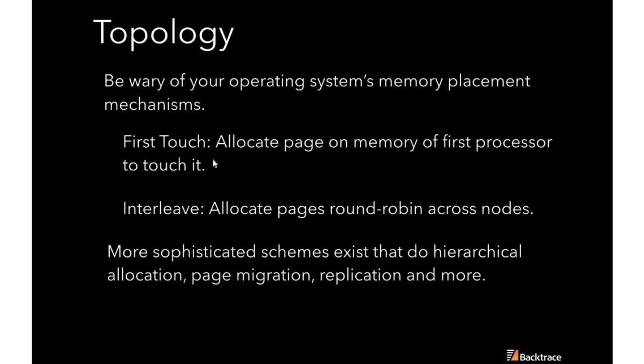There are also implications on memory allocation. Typically today, most systems will have a first touch policy. So whenever you touch a page of memory, it ends up being mapped from the processor which the thread is executing on. It's also possible to use an interleave policy on many systems, such that pages are allocated in a round-robin fashion across nodes.